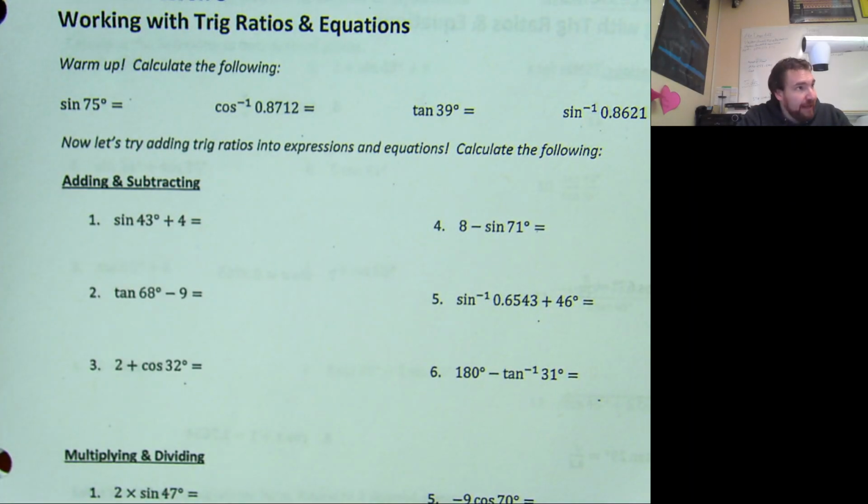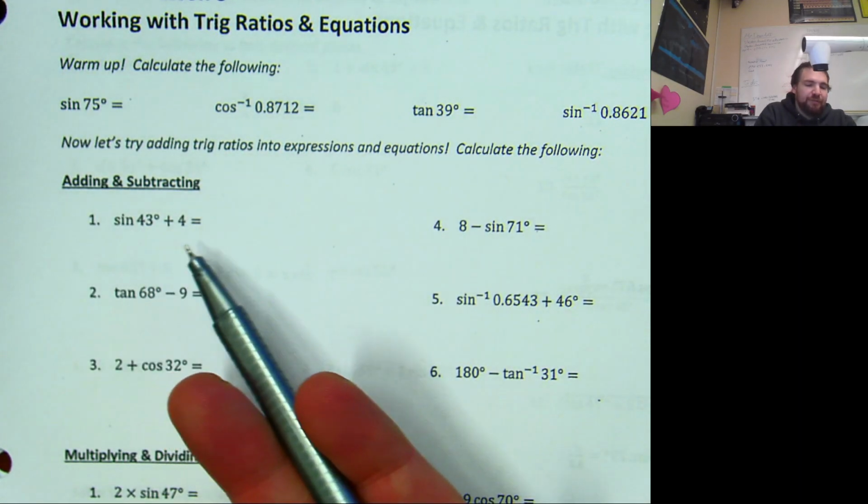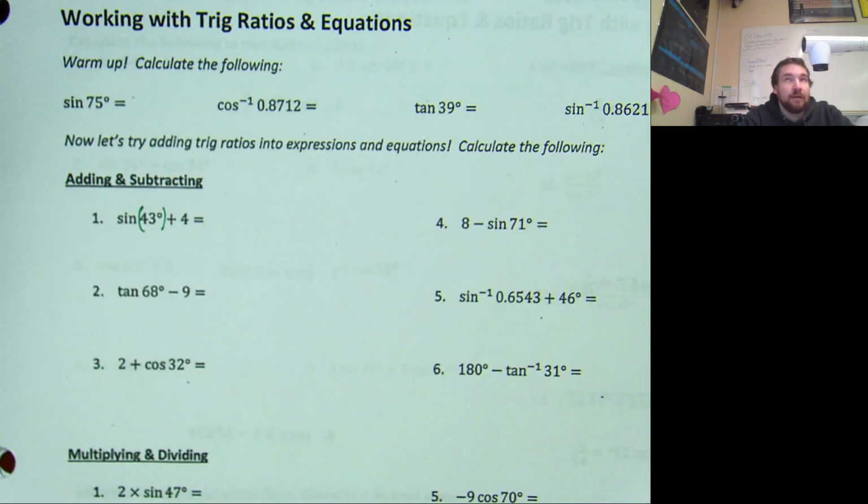All of these operators show up just like a set of brackets would, just like every other operator we've ever used. So if I give us something like sine 43 degrees plus 4, it's the same thing as if it looks like this, which is why it's so important in your calculators to actually throw down the brackets, like include them when you're punching things in.